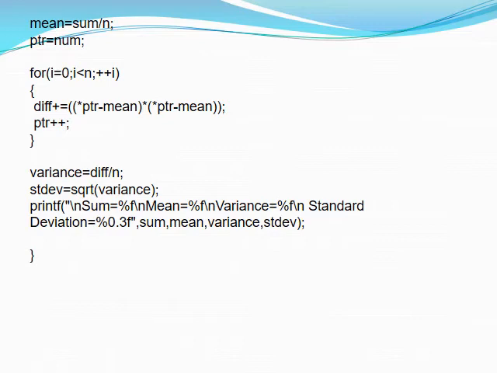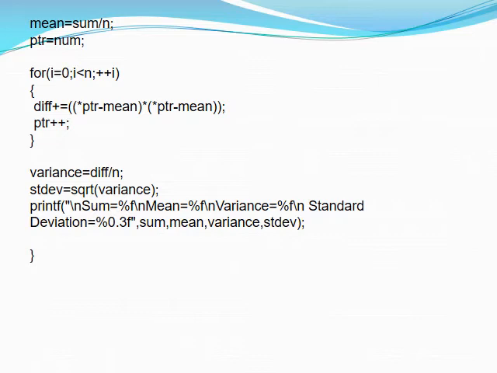Again we are incrementing the pointer, ptr++. So it will go to the next location, and the next location data is fetched from the array. So the ptr variable is pointing to the num array, and it will calculate the difference.